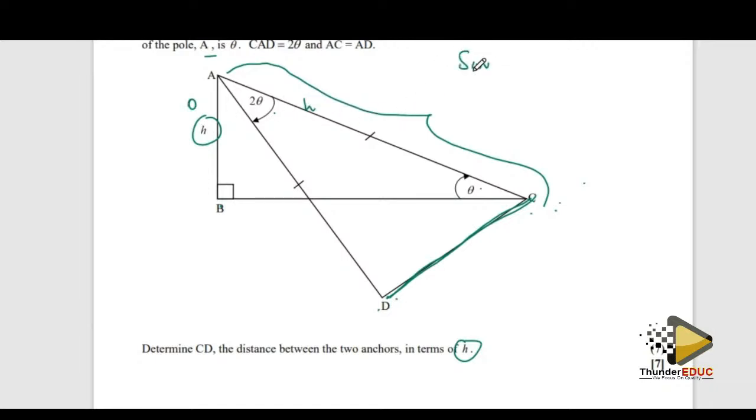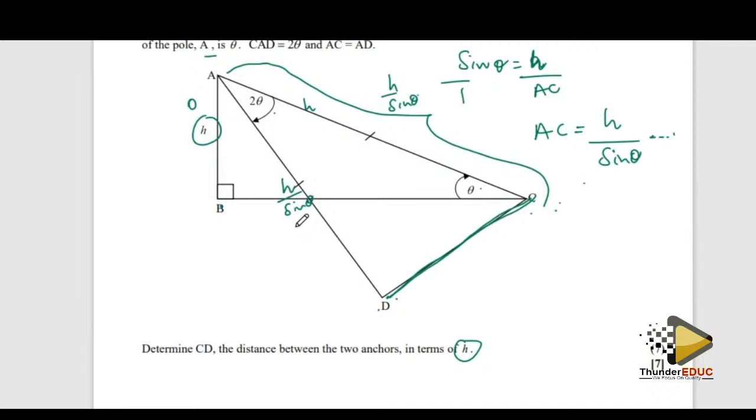Sine of theta is equal to the opposite, which is h, over the hypotenuse, which is AC. Cross multiplying, AC is going to be h over sine theta. So this side is h over sine theta, and so is this one.